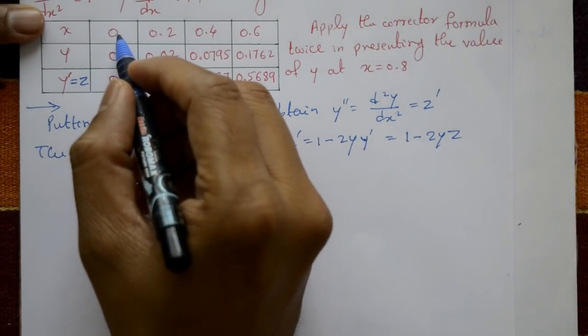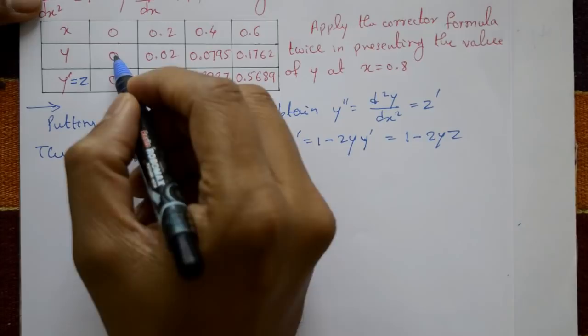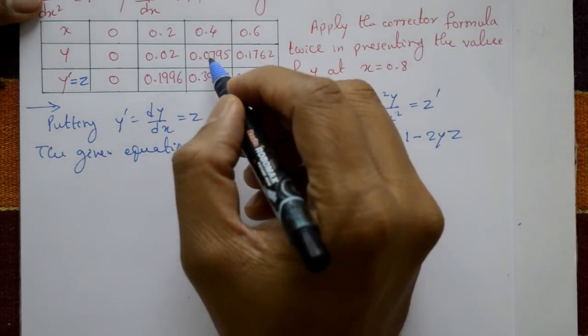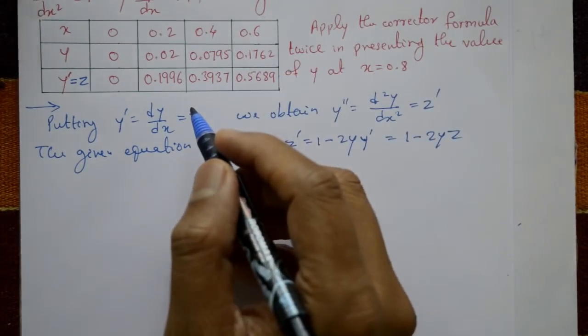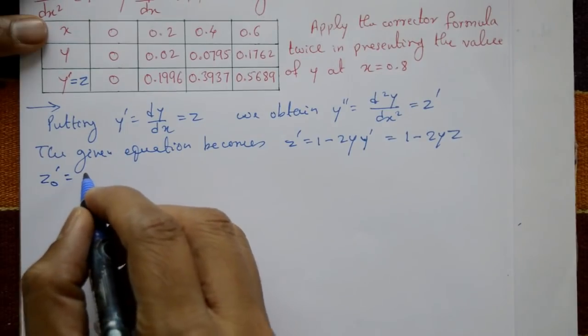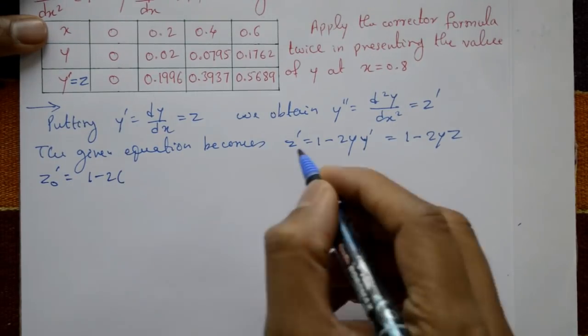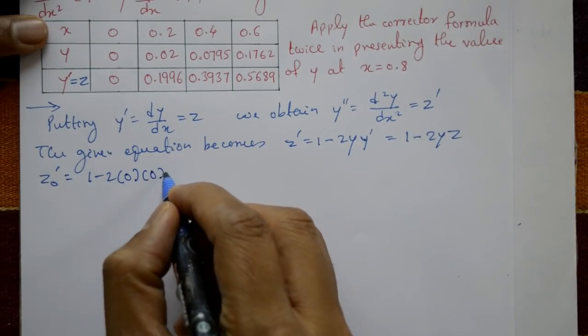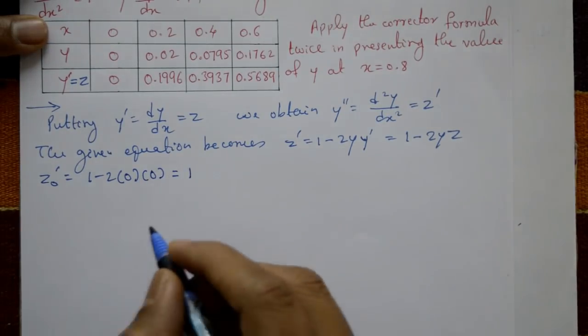Taking these values x0, y0, z0, x1, y1, z1, x2, y2, z2, x3, y3, z3, like this. First, z0 dash is equal to 1 minus 2 into y0 z0, which is 0 into 0, and this is equal to 1 only.